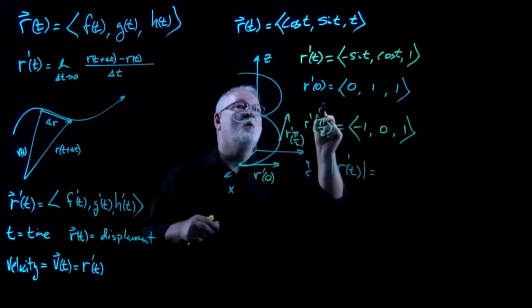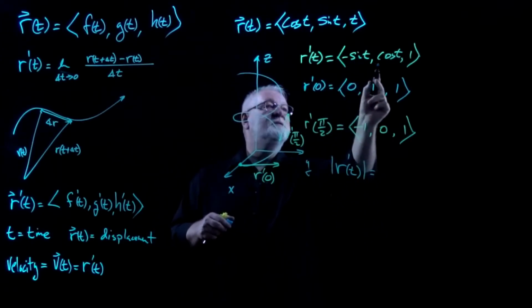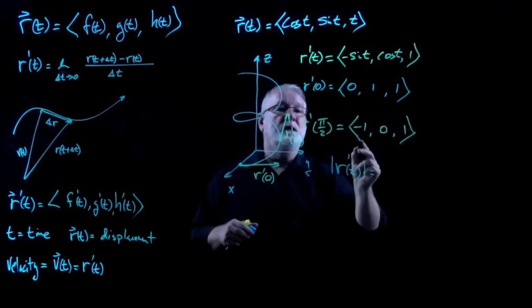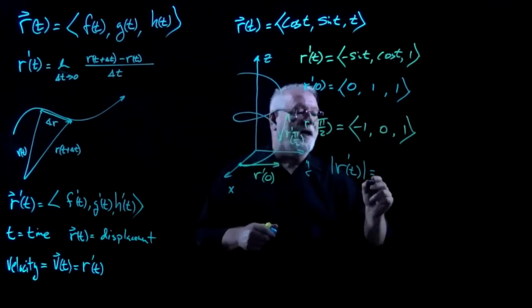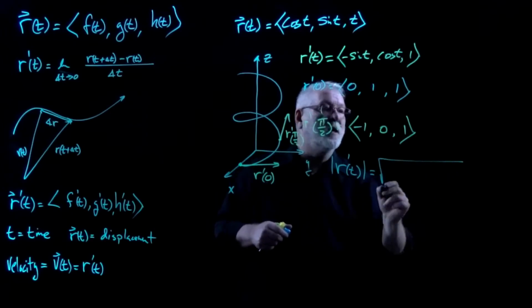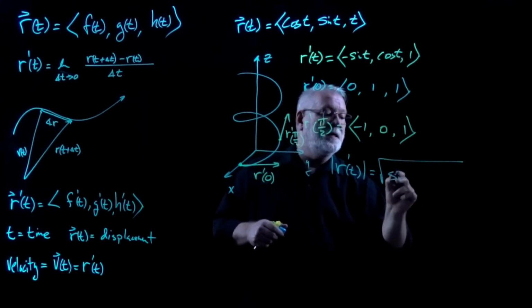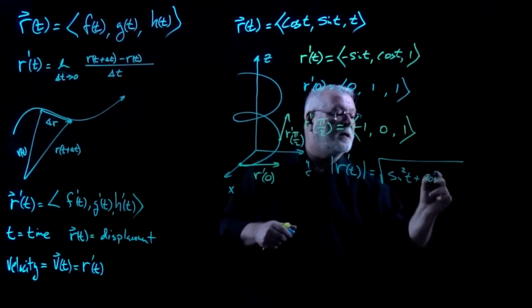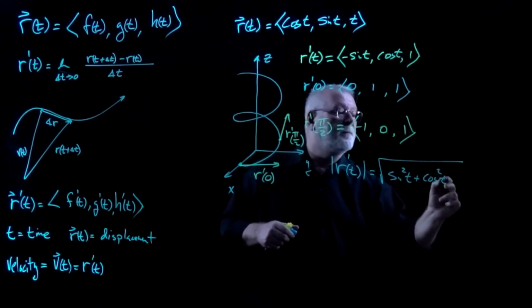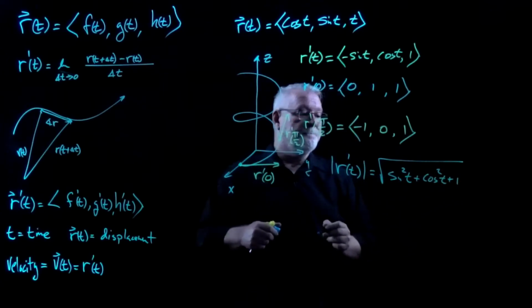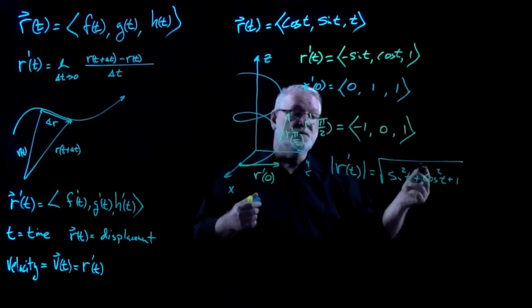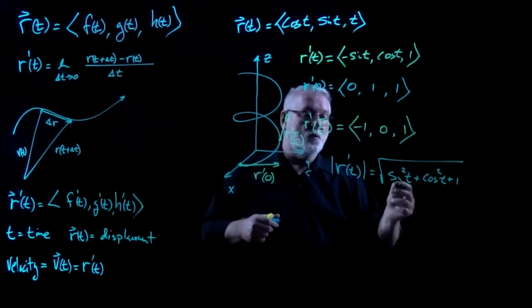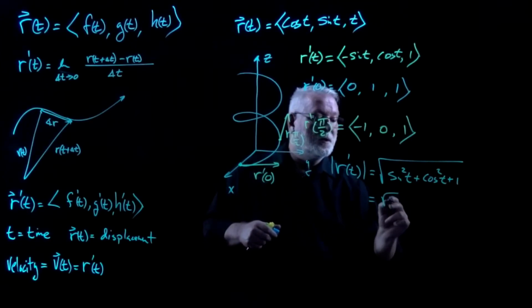And of course, knowing that r prime of t is negative sine t, cosine t, 1, I could just put that through the Pythagorean theorem. So this will be the square root of sine squared of t plus cosine squared of t plus 1. Sine squared plus cosine squared is 1, so it's 1 plus 1, or the square root of 2.